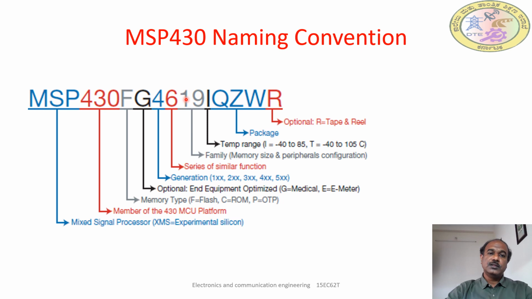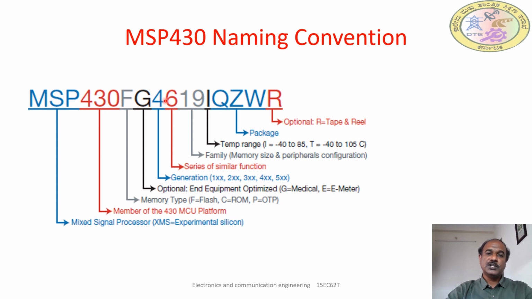The last two digits indicate how much memory is present in the IC and the peripheral configuration available in this particular microcontroller.